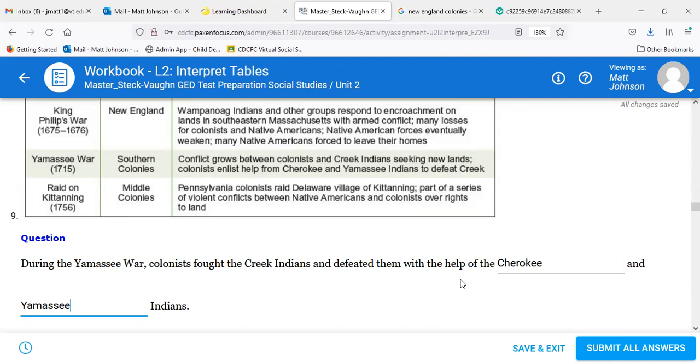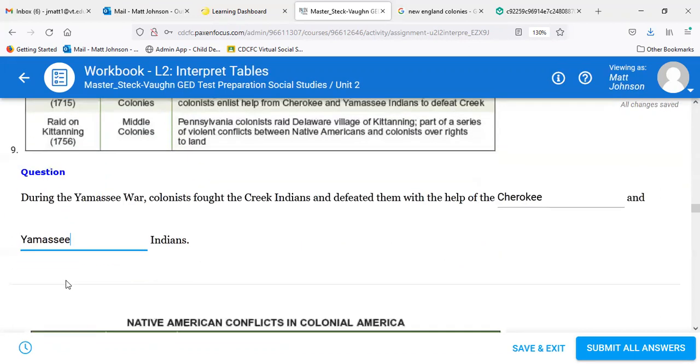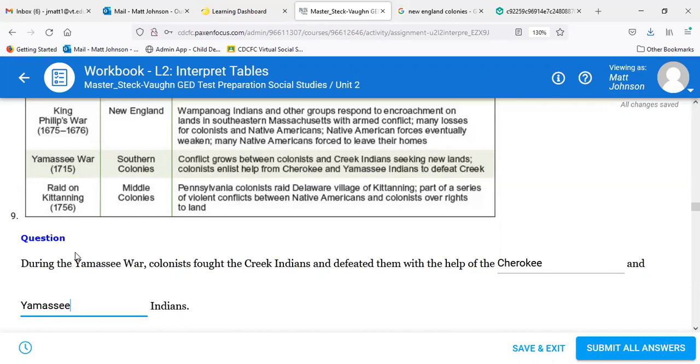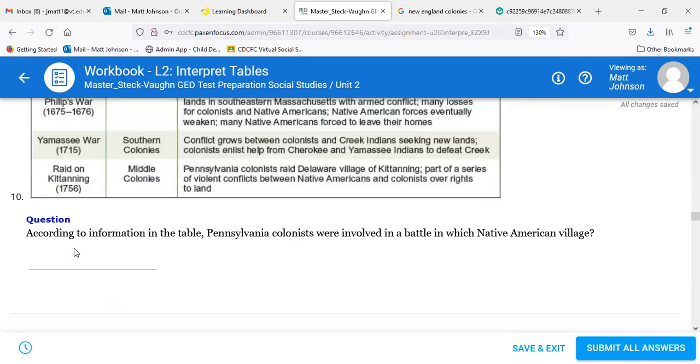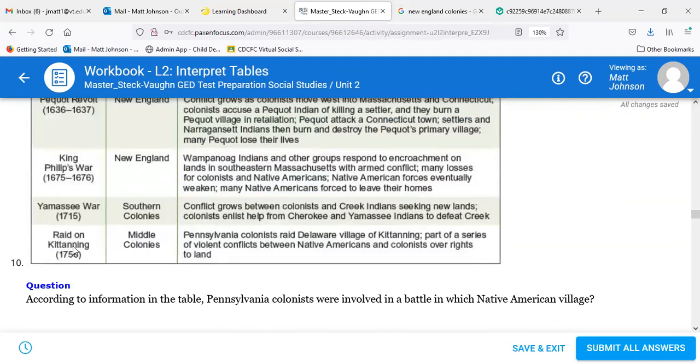Which doesn't necessarily mean that I didn't have a Cherokee ancestor somewhere, but all of my DNA comes from Northern Europe. I'm good Viking stock, apparently. So Cherokee and Yamasee for number 9. But it also means I burst into flames when I get out in the sun.